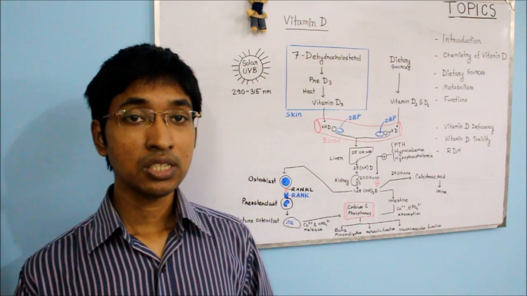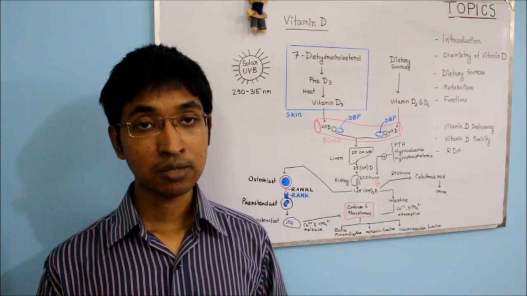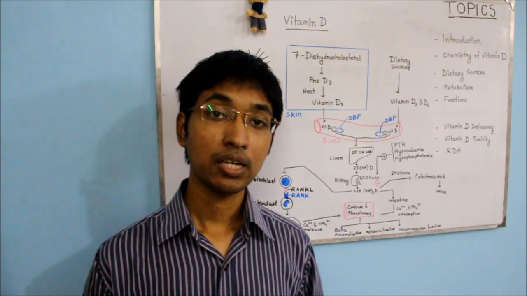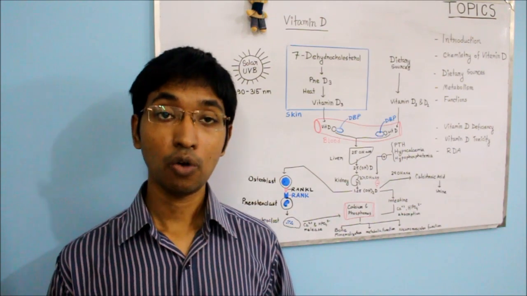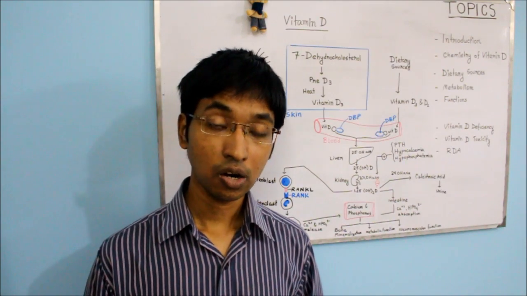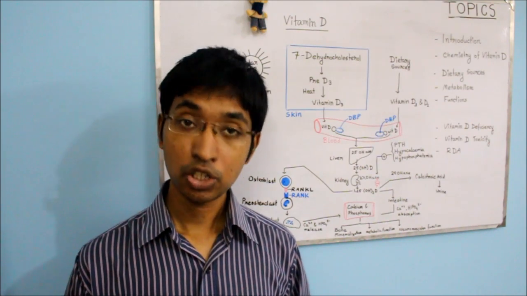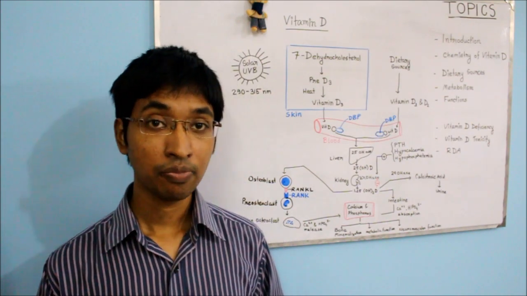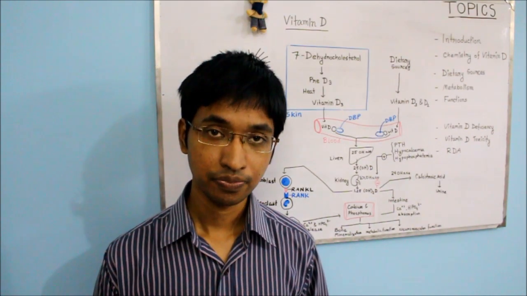So vitamin D has important role in maintaining the proper plasma level of calcium and phosphorus. And again, the proper plasma level of calcium and phosphorus are also important for maintaining proper metabolic function, bone mineralization, and even it has role in neuromuscular transmission.